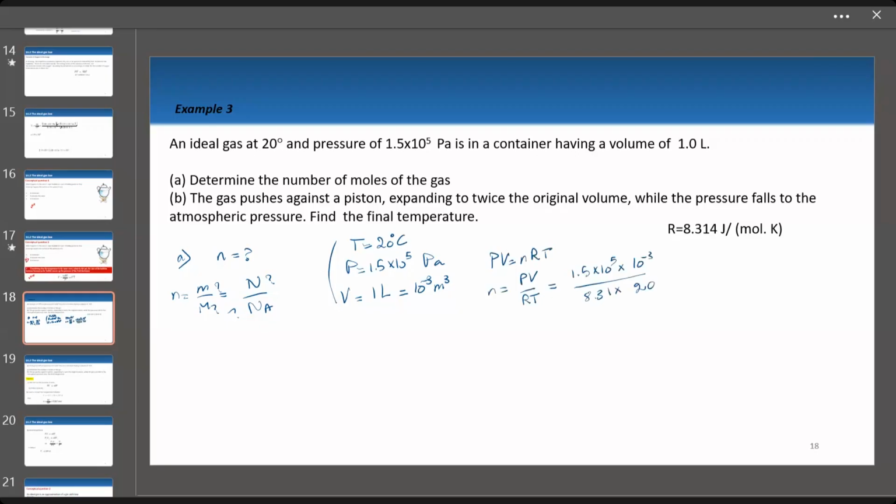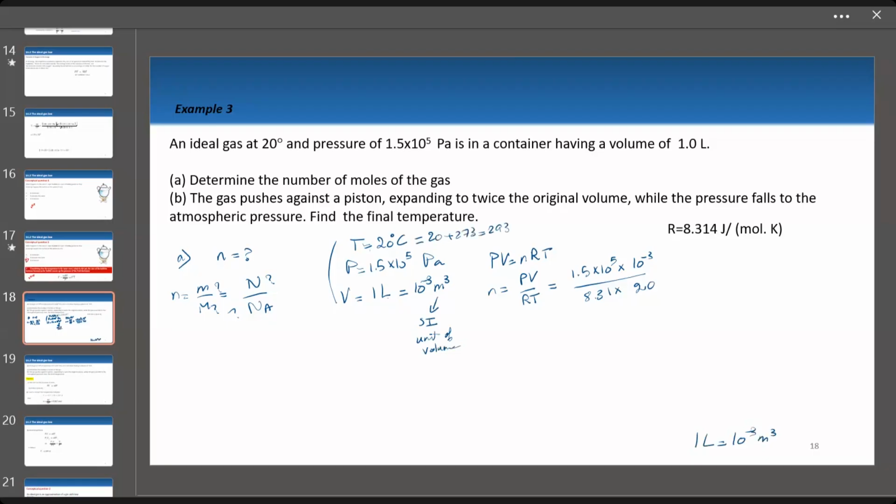Now, I wanted to notice something. I converted the volume from liter to meters cubed. This is the SI unit of volume. And converting, 1 liter is 10 power minus 3 meters cubed. I have another conversion, which is for the temperature. I told you before the SI unit of the temperature is Kelvin. So I'll have to convert this to Kelvin.